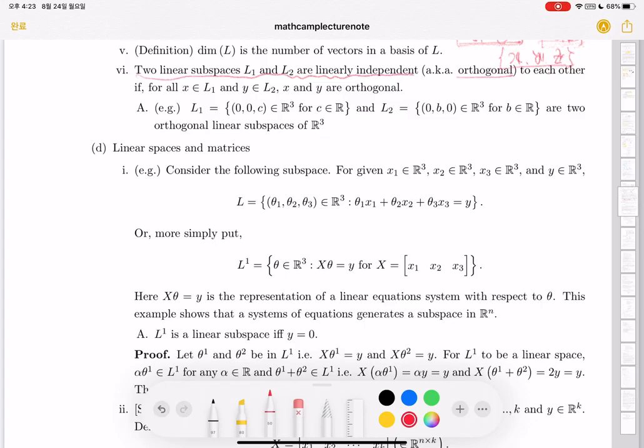Now think about this case. So here x1, x2, x3 are three-dimensional vectors, y as well. Okay. And theta 1, theta 2, theta 3, every single one of them is a scalar. So in combination, it forms a three-dimensional vector.